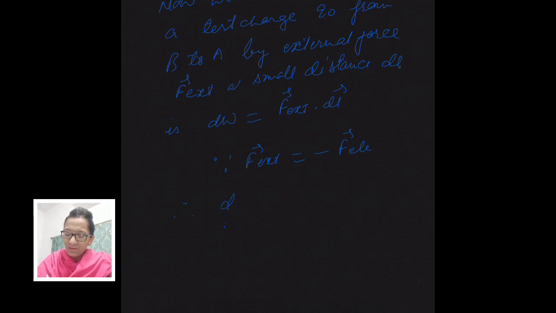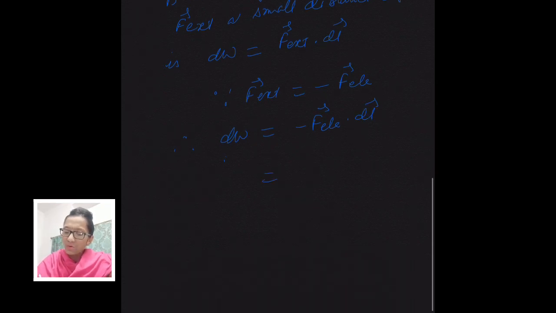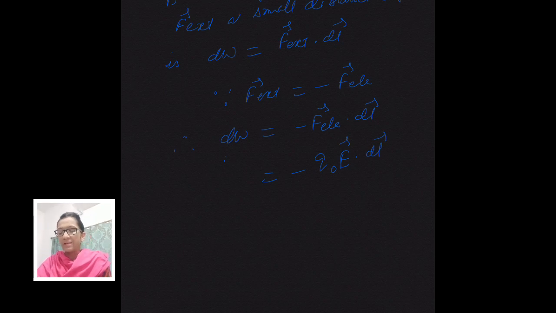Therefore dW is equal to minus F electric dot dl, and this is equal to minus, force is equal to QE, so this becomes q naught E dl.